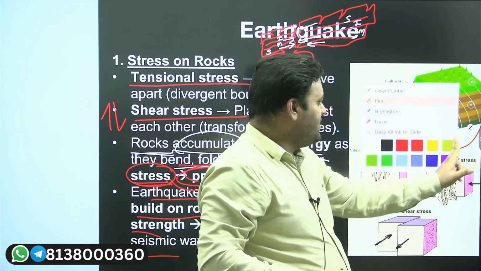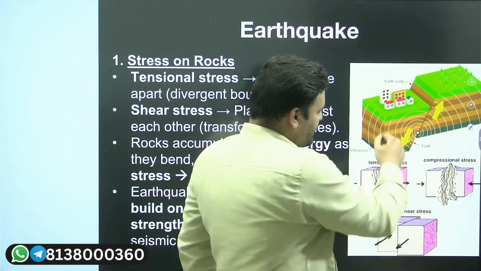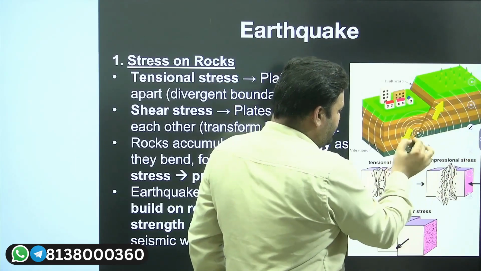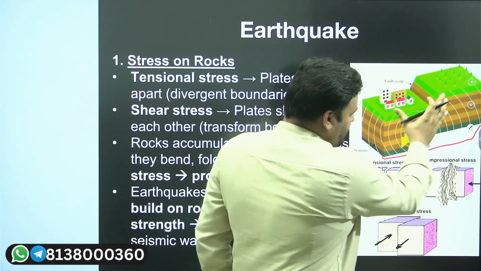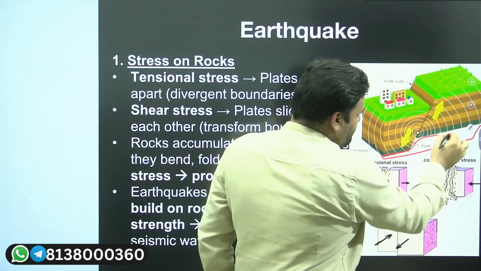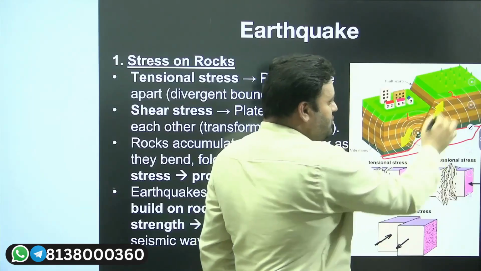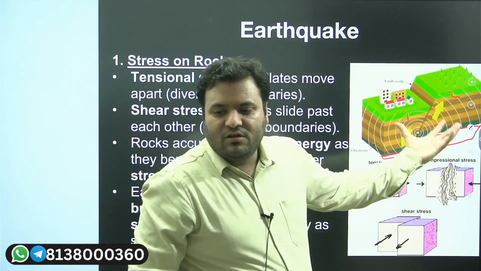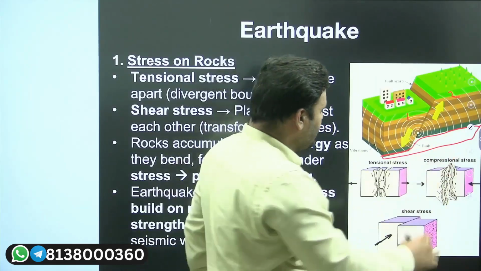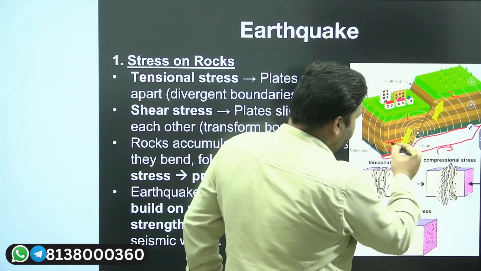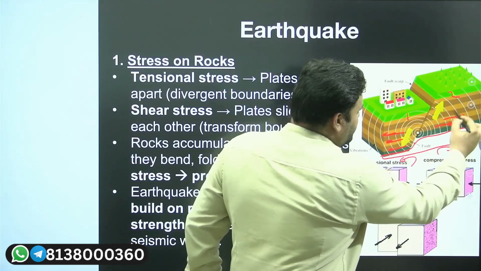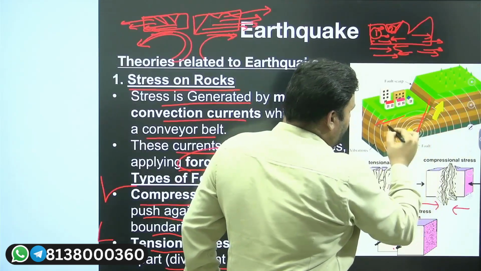Reversal of this, for example. Consider this again, the entire part as a plate, and on this particular plate we have two rock blocks, block 1 and block 2. Again, when we have some sort of mantle convectional current working in this particular way, what will happen? The stress will be built in this way, and the plates are going to move away from each other.